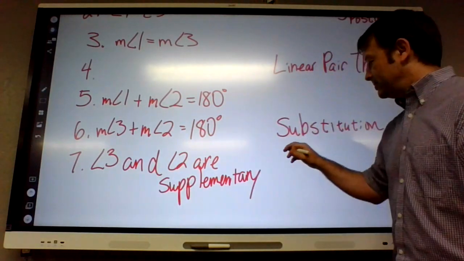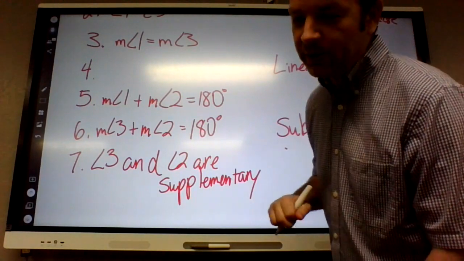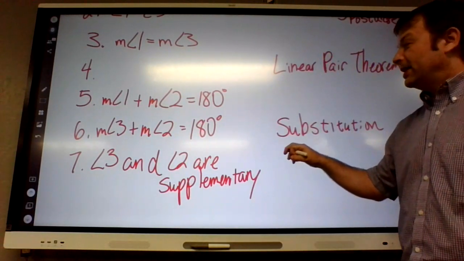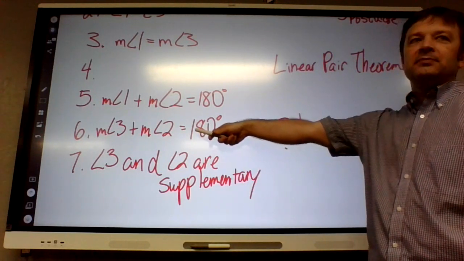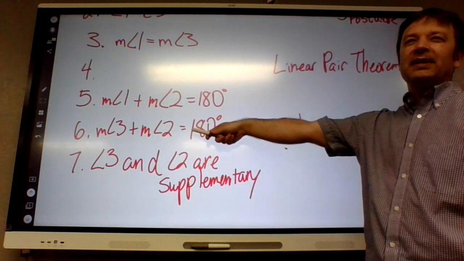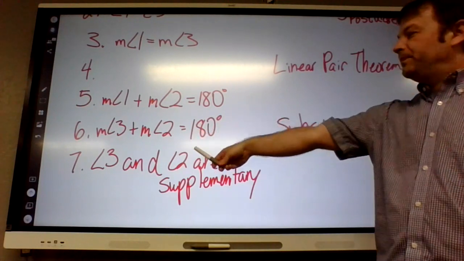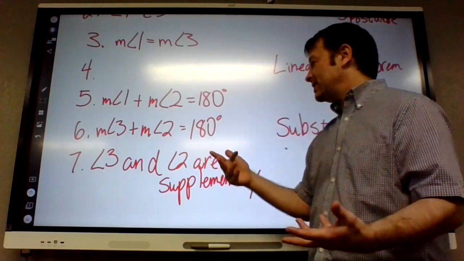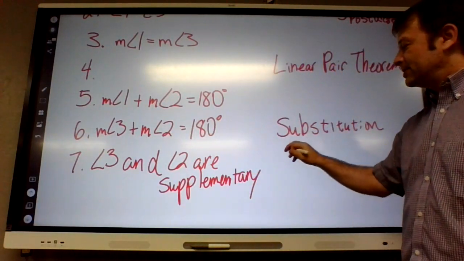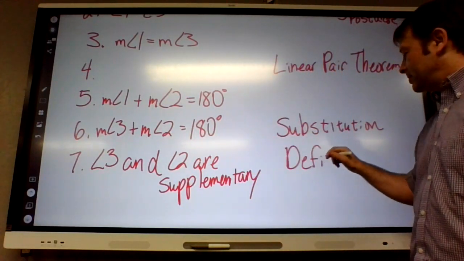How did we know that? Did the book say this part? No, they didn't. How did we know that? Supplementary. We know it's supplementary because they add up to 180, so we know it because that's what supplementary means. Definition of supplementary.